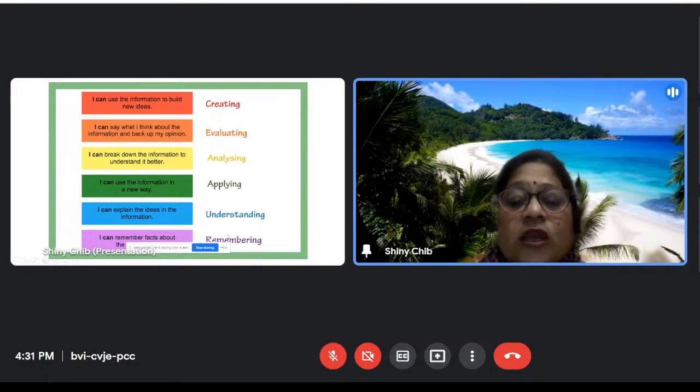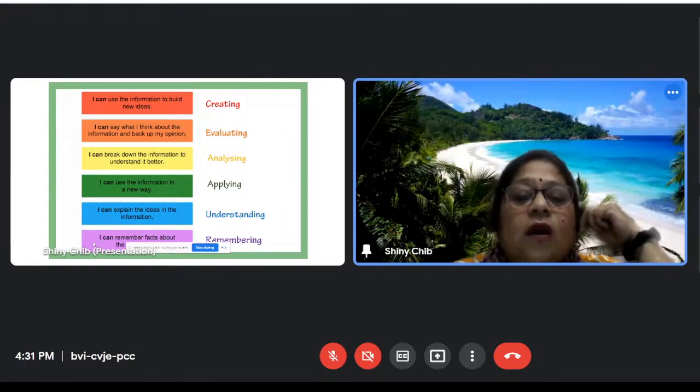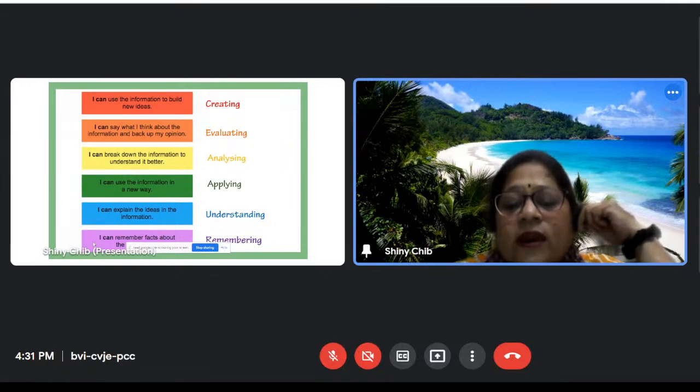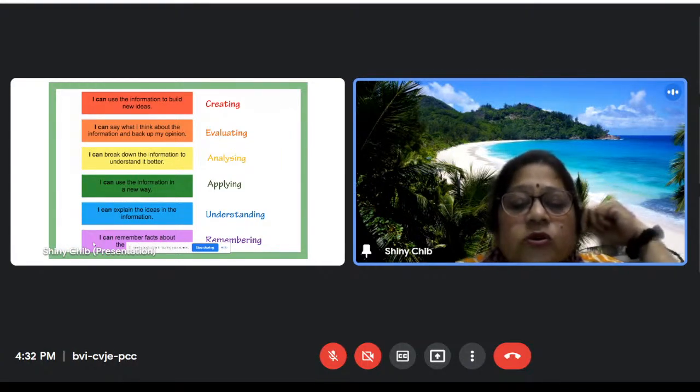So in case of remembering, it means whether the student is able to remember what you have taken in class. If you want to check whether the students are able to remember, how are you going to ask the question? What is the pattern of asking the question? Everything is a learning process, but whether the students have learned, you have to evaluate now.